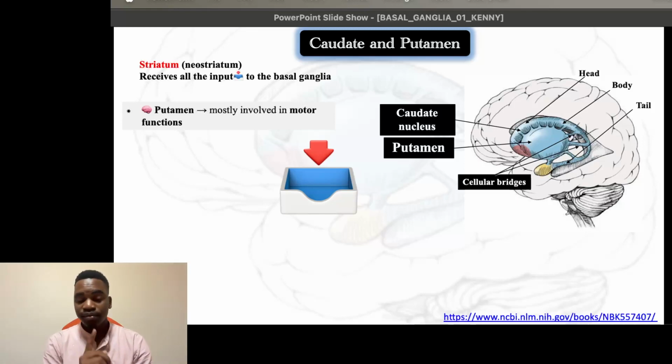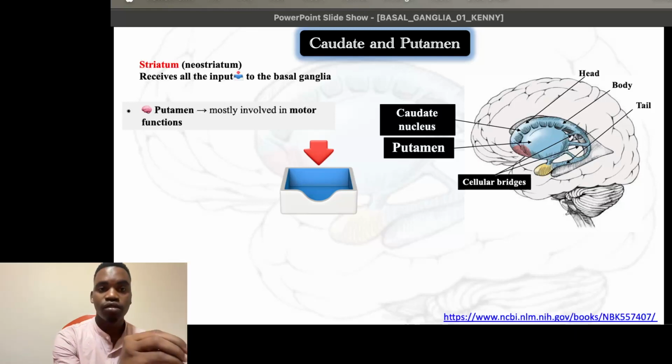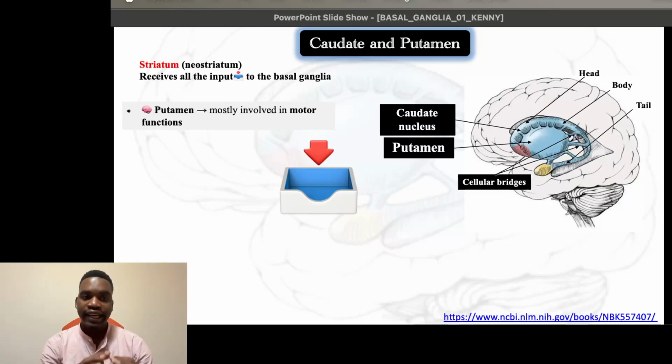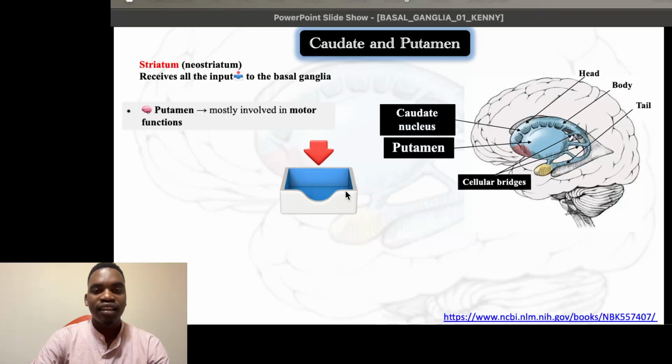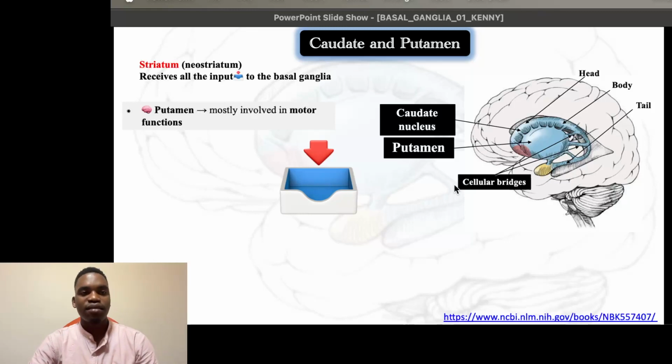But we also see that the nucleus accumbens is associated with input to the basal ganglia. But the main input to the basal ganglia, I want you to notice this, will be done by the striatum, which is the caudate nucleus and putamen.